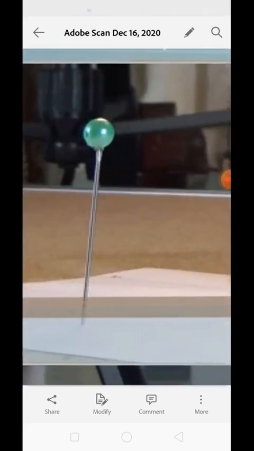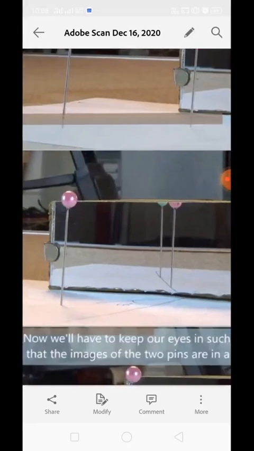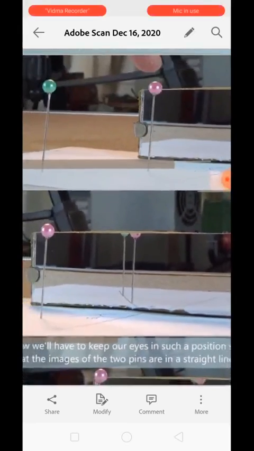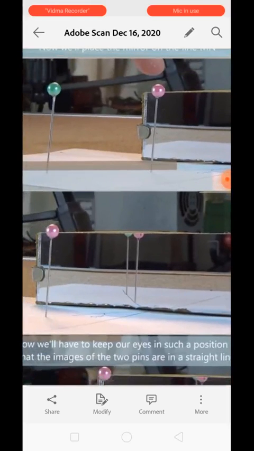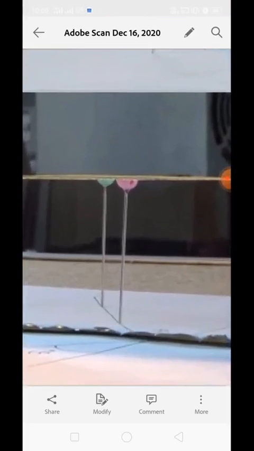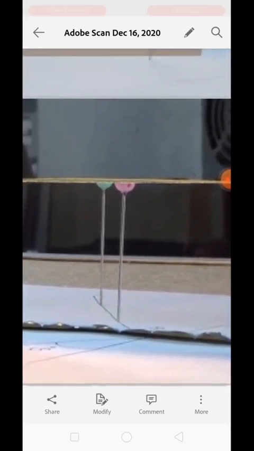So we have attached the two pins. You can see the image in the mirror after we have placed the mirror on the line MN. You can see clearly the images of the pink and green pins.